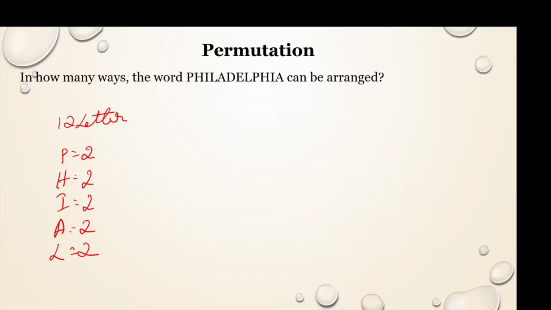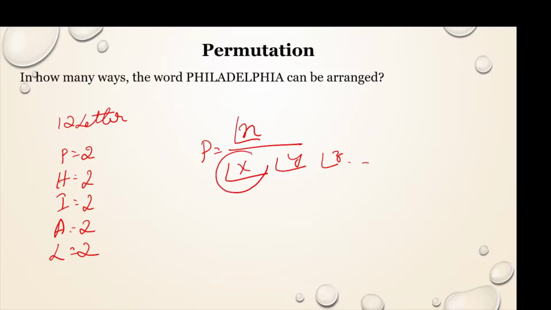Now when repetition happens, it is very difficult. If you arrange this manually, it is very difficult to identify which P, which H I am taking. So there is a different formula for this. To identify the permutation of repetitive letters, or repetitive items or events, the formula is factorial n divided by factorial x, factorial y, factorial z, and so on if there are more. The factorial x, factorial y, z talk about the repeated letters.